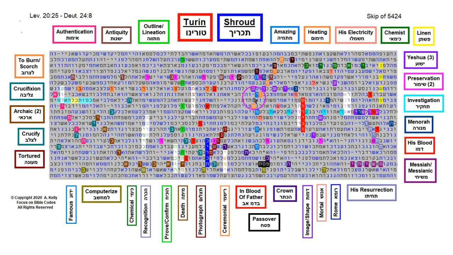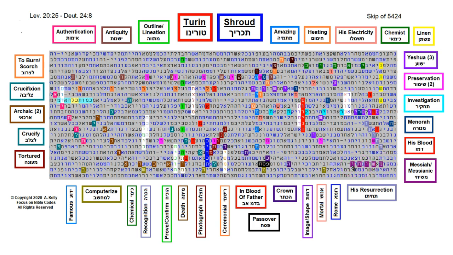We have Yeshua 3 times in this purple, and here, and here. And Messiah is down below at the bottom here, Messiah. And if you add the yod on the end, it's messianic.